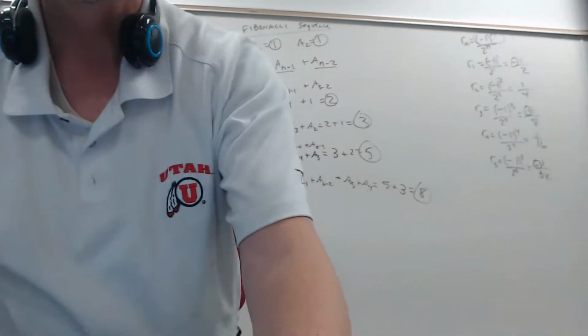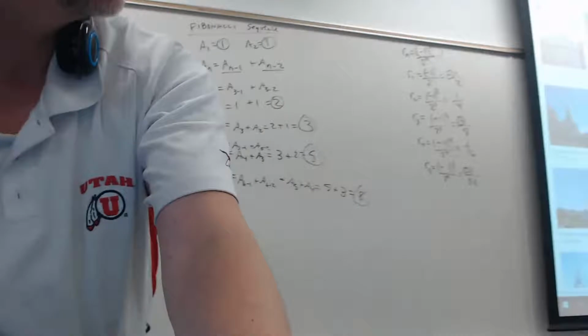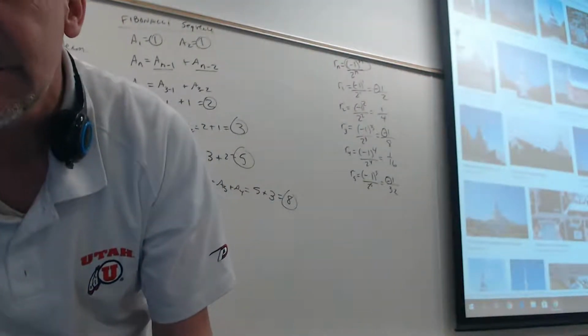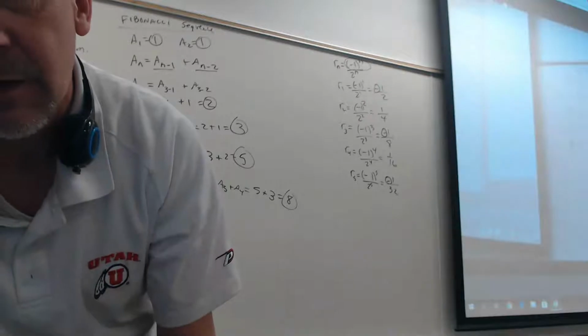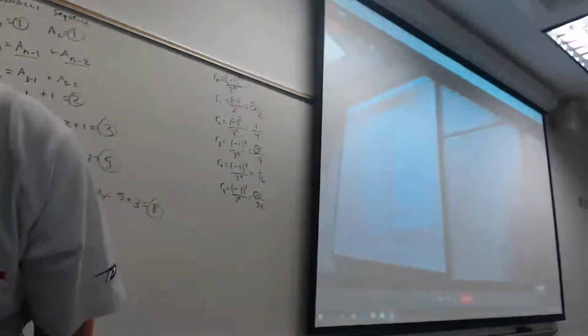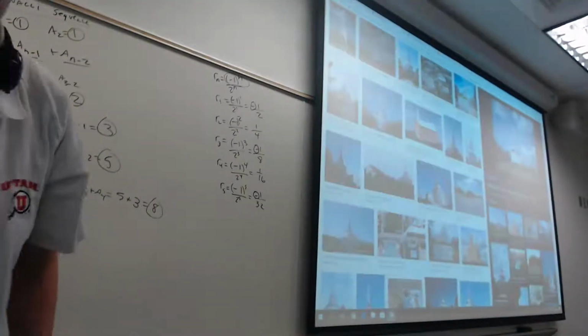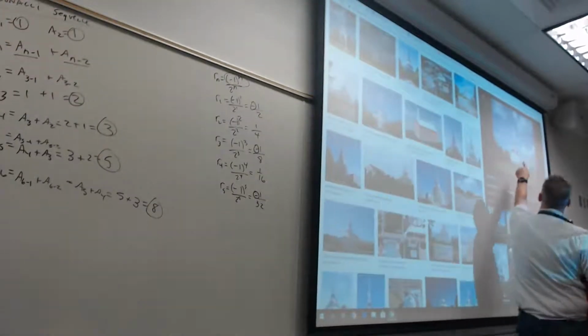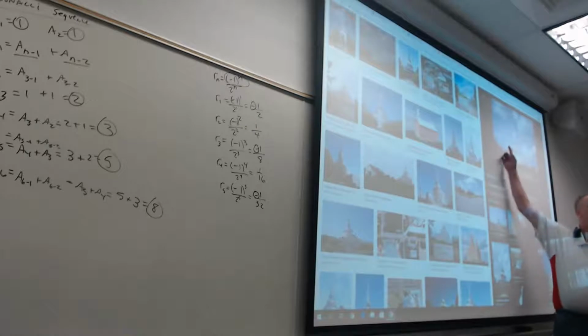Hopefully we can see that on the camera. Oh, you can't see it. Okay, so if you see this spiral temple here, spiral shaped thing, that is actually a Fibonacci sequence.